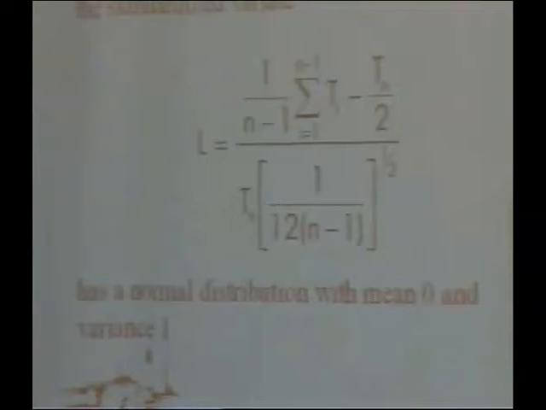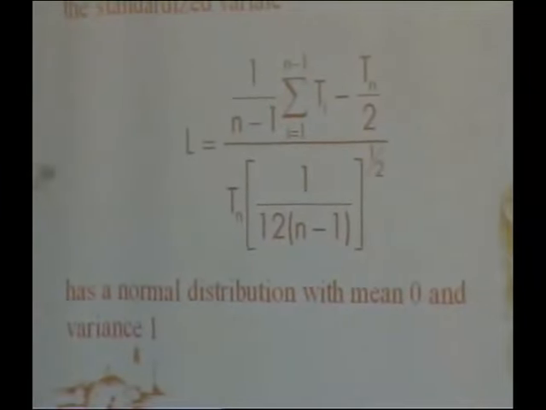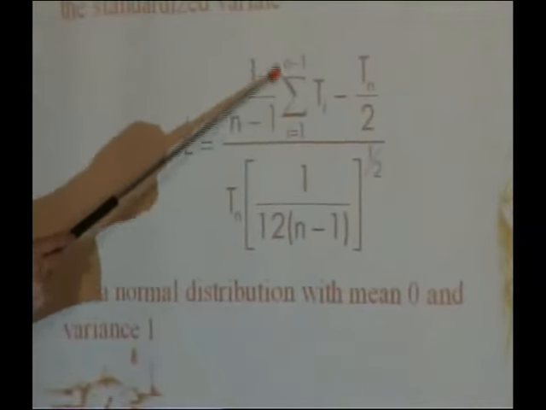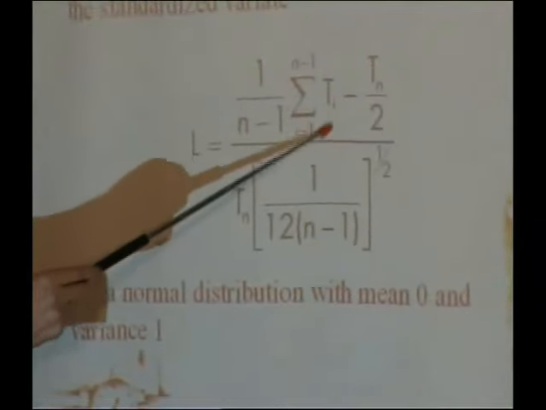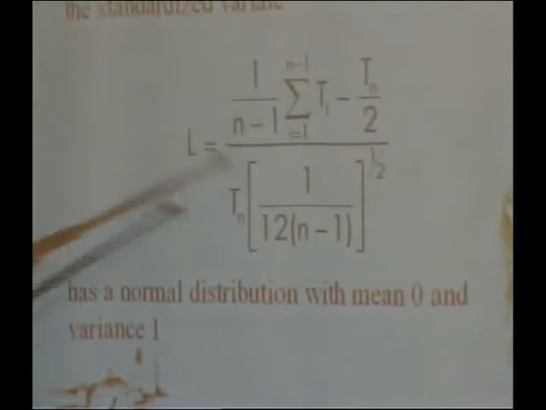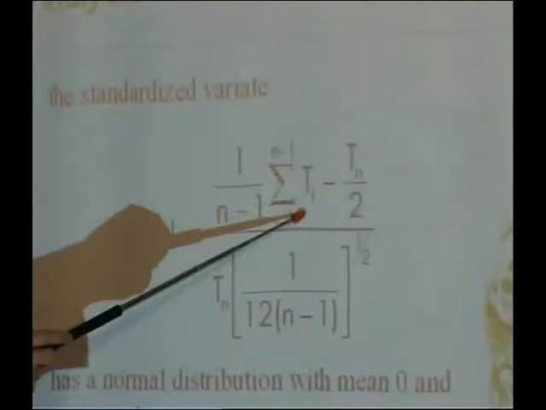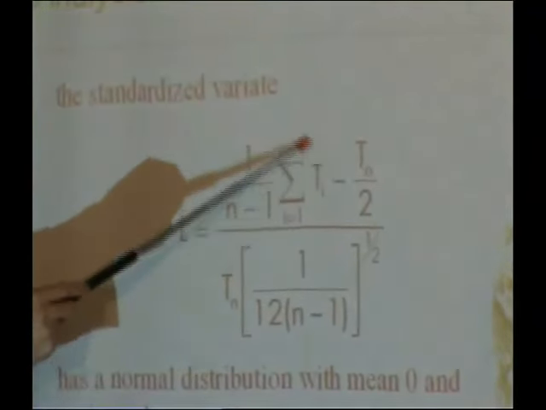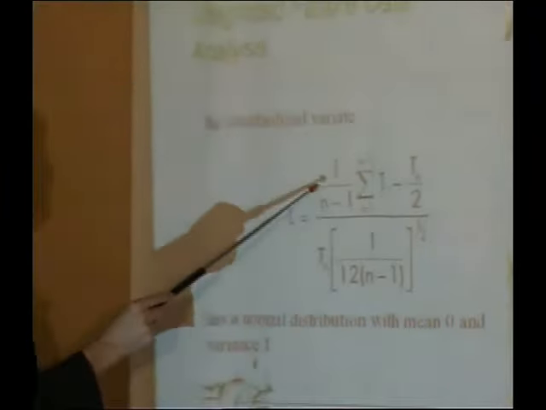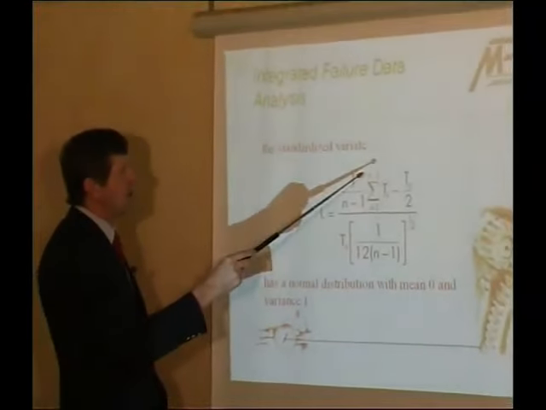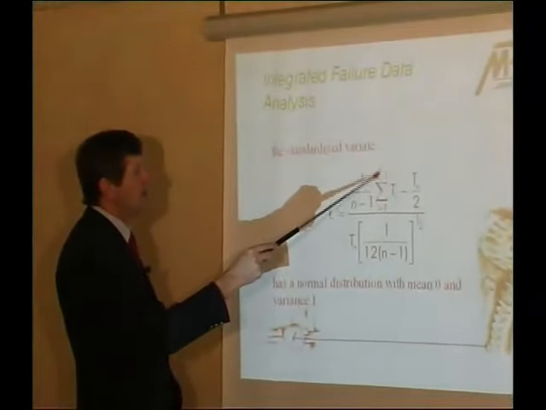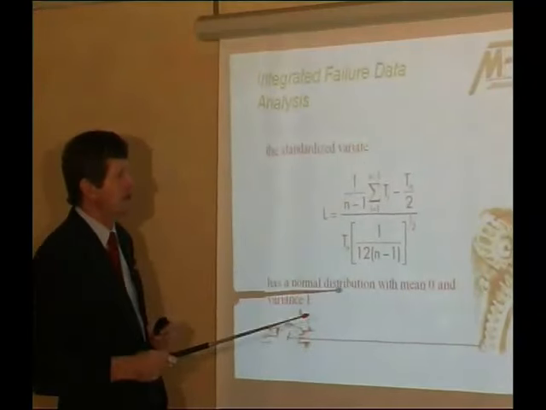Now, firstly, how do we calculate it for a data set? We take the sum of all the arrival times to failure, in other words, from T1 up to Tn minus 1, the one just before the last one. We just do not include the last one. We add all of them together, and we divide that by n minus 1, so we get the average of the first n minus 1 arrival times to failure.